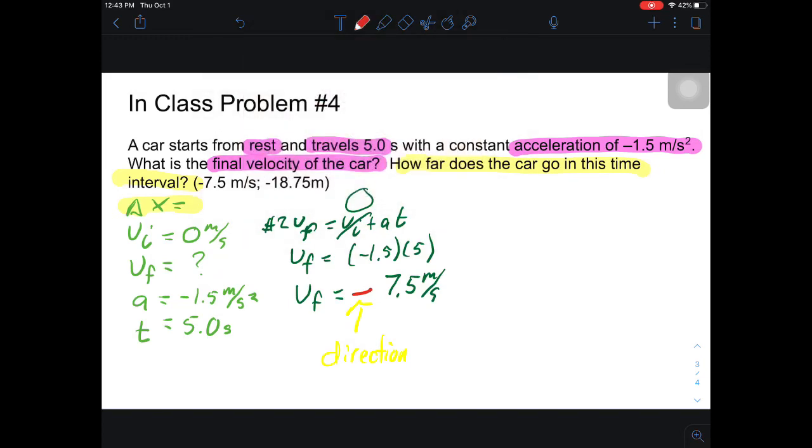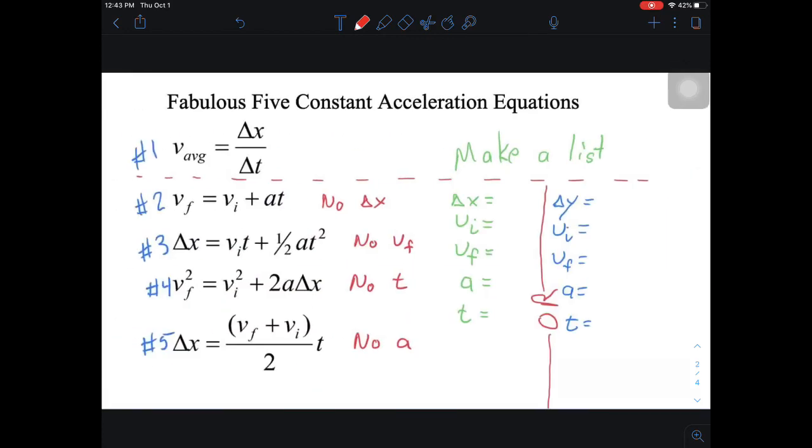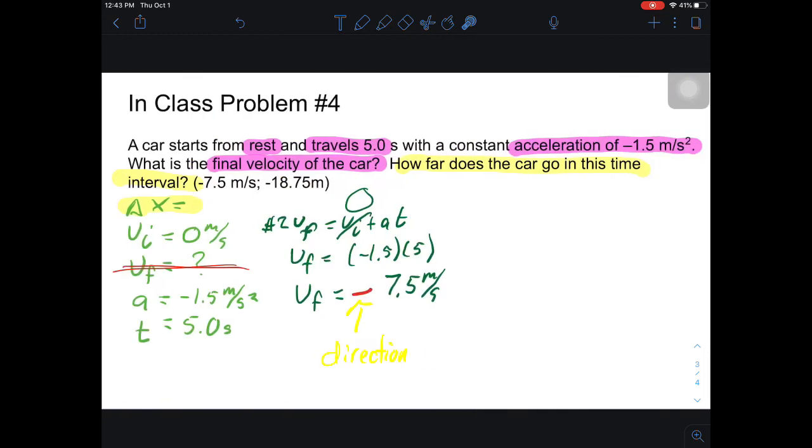The best approach would be to pretend I don't know the final velocity, if at all possible. So if we have an equation that doesn't have a final velocity in it, yes, let's use that one for the second part. Looking for one that doesn't have final velocity, there is equation number 3. Go ahead and hit pause and solve that problem.